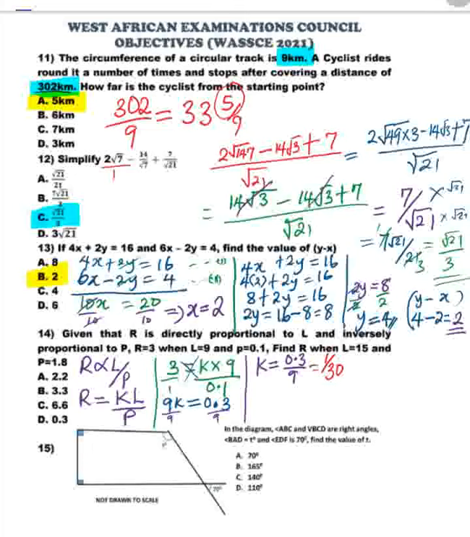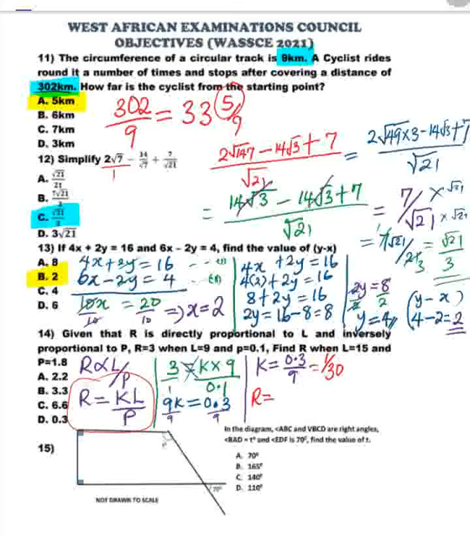Now, the question says, find R when L is equal to 15 and P is equal to 1.8. So we're going to go back to the expression again. R is equal to K. I've gotten our K already.